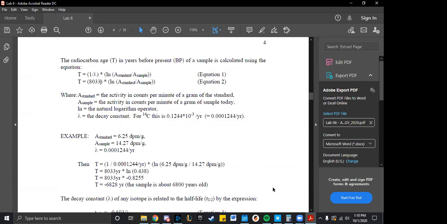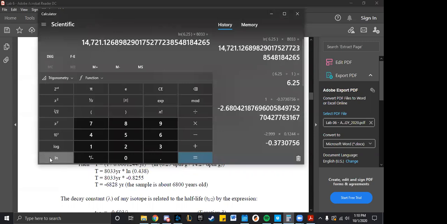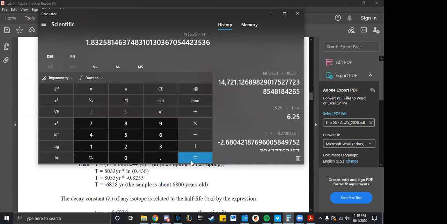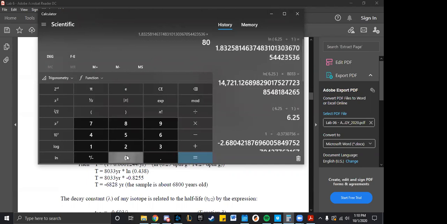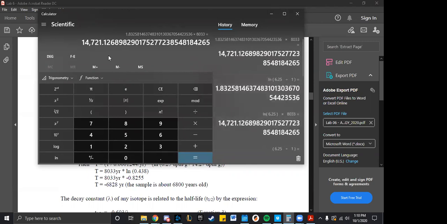Well, the 6.25 divided by 1, you take the natural log, which is the ln button, and it will spit out a number like that, and then you do that times 8033. And it gives you this. If I'm putting it in my calculator, I would do 6.25 divided by 1, and with that answer hit the ln button, or ln before the equation. Let me see if I can find my calculator.